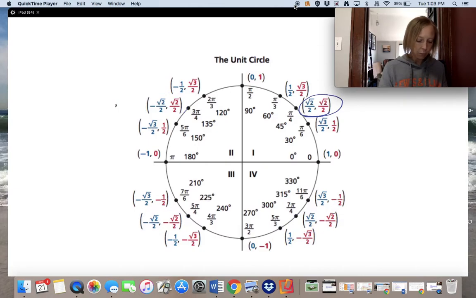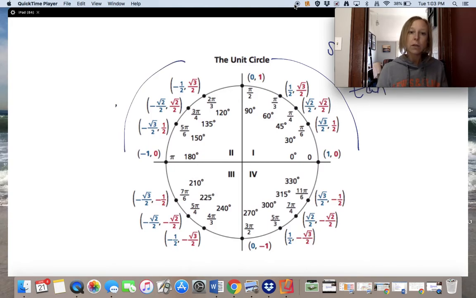Speaking of 1 or negative 1, everything in this first quadrant is positive. So we have a positive sine, a positive cosine, and a positive tangent. But when we get over here to quadrant 2, notice all of those blue values, the x values are negative. So we just have a positive sine. And we'll also have a negative tangent because it'll be sine divided by cosine.